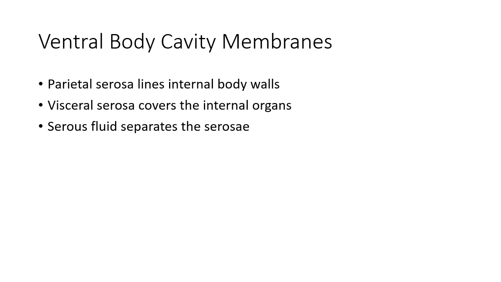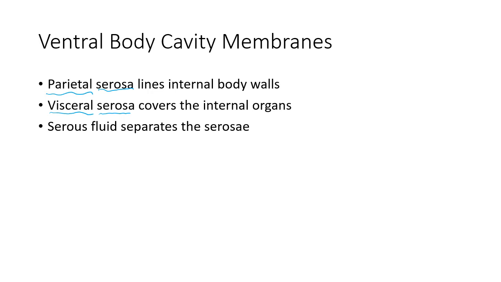The ventral body cavities have essentially linings to them. And so we have two linings, one on the body wall, which we call parietal, and one on the actual organs, which we call visceral. Depending upon where we are, whether we're in the thorax, the abdomen, or the pelvis, we're going to change this serosa part to match what we have in those particular areas of the body.